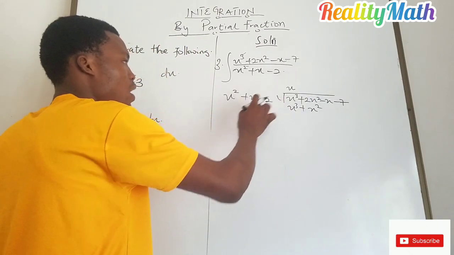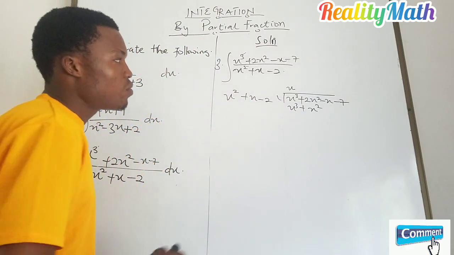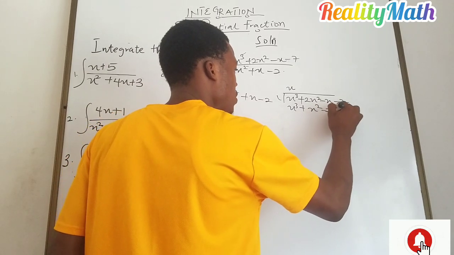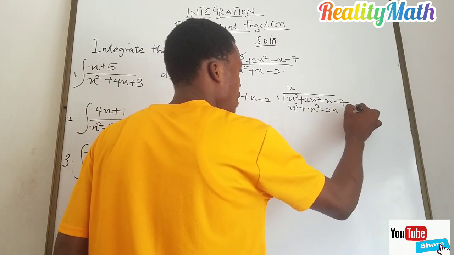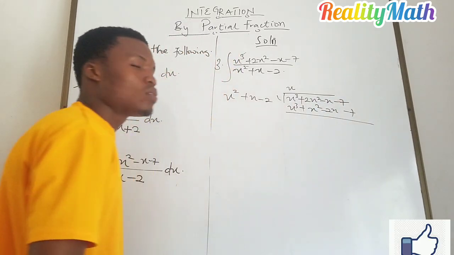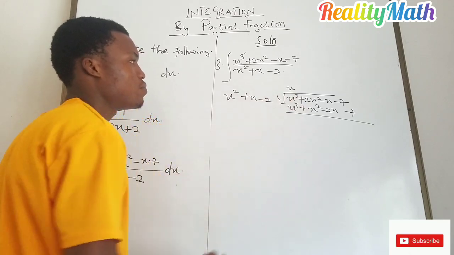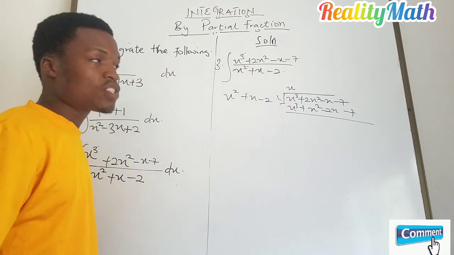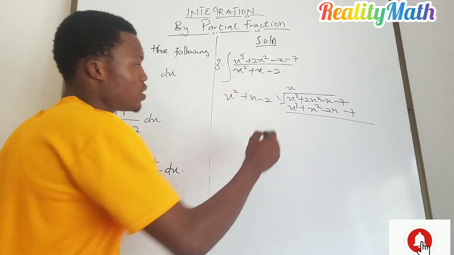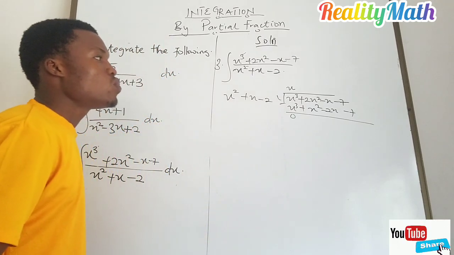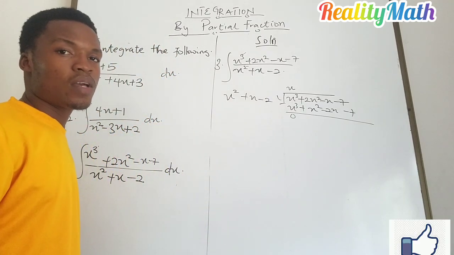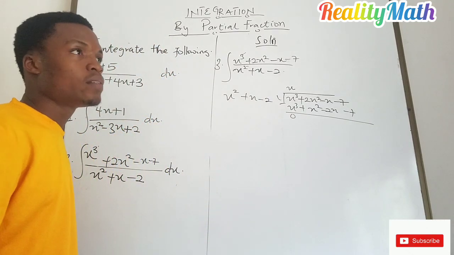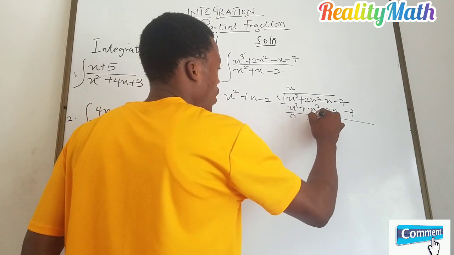Now x multiplying another minus 2 here will give me minus 2x. So I drop down my minus 7. So I have to subtract. x cubed minus x cubed will give me 0. 2x squared minus x squared, that is just like 2 minus 1, that will give me x squared.